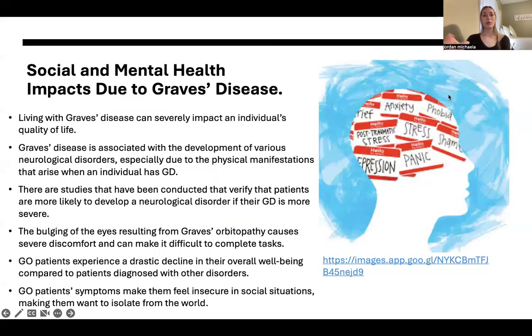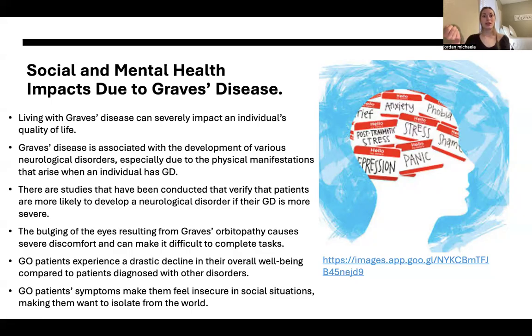So, the social and mental health impacts. This can severely affect an individual's quality of life due to the physical manifestations that arise when an individual has Graves' disease, which makes neurological disorders and mental health issues very prominent in GD patients.